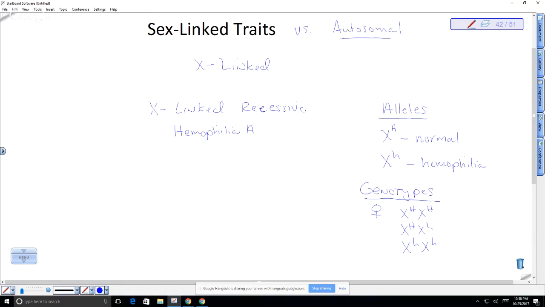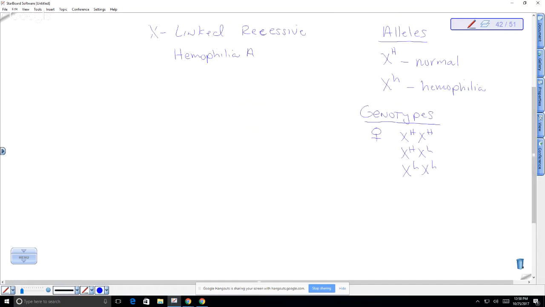Okay. So there's 3 possibilities in the female, but there's only 2 possibilities for the male. So the male could have this combination where he would be normal, or this combination where he has the disease. Okay. So I don't put an H on the Y because this gene is only on the X. So he has only 1 copy of the H gene, not 2.